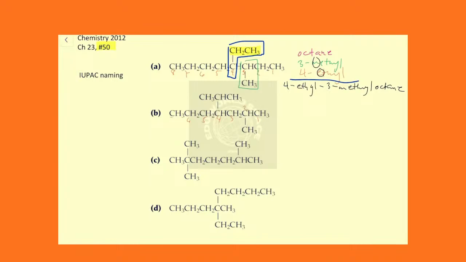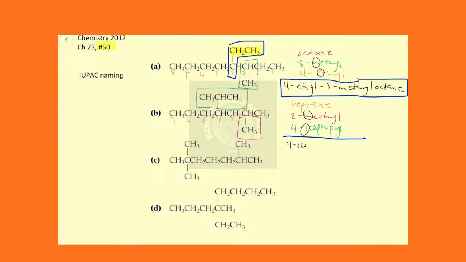Okay, so I goes before M in the alphabet, so we get 4 isopropyl, 2 methyl heptane. Okay. Alright, so that's for part B.